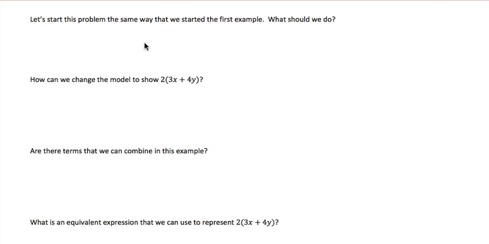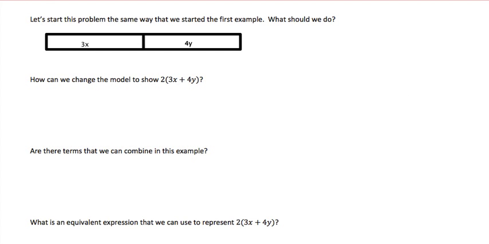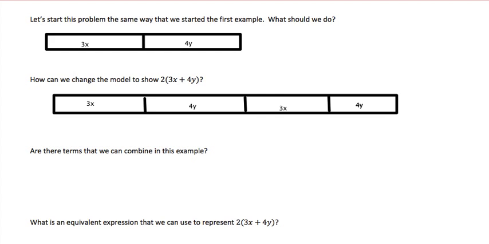Now we're going to start this problem the same way we started the first example, and that is by drawing a tape diagram showing our problem. So we have 3x plus 4y. We can change the model to show 2 times (3x plus 4y), or double 3x plus 4y, by doubling our model. Then we see that there are terms that we can combine in this example, so we can move them around, and we'll draw that again.